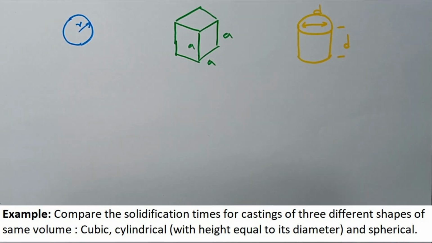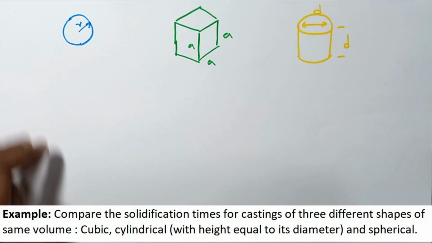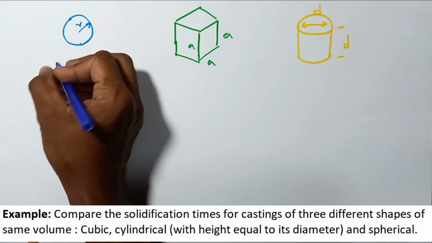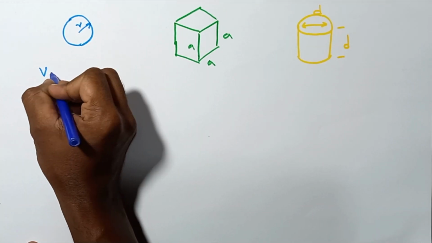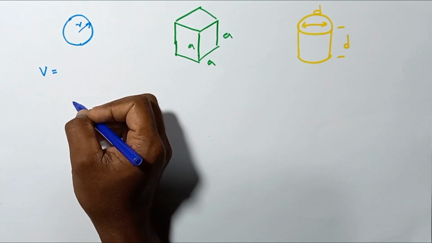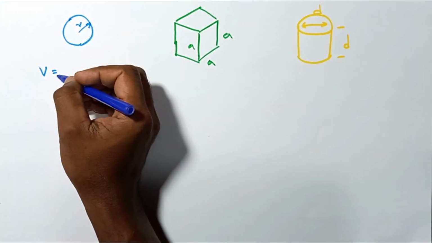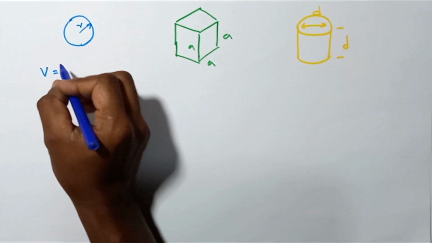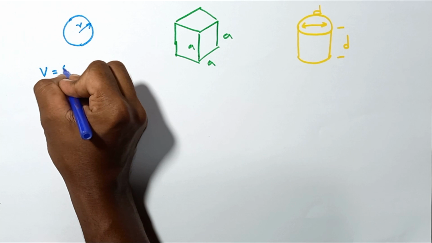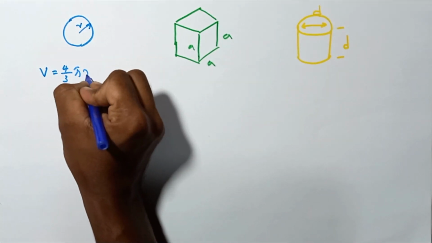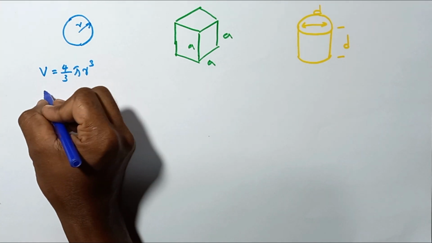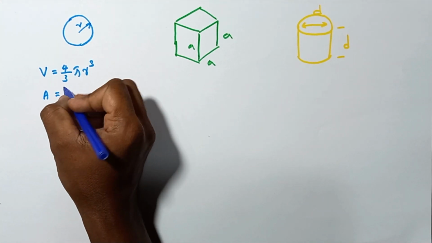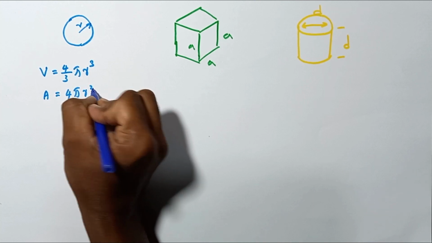Okay. So we are going to apply Chvorinov's rule for each casting to find the solidification time. First of all, before applying the rule, we need to find the volume and the surface area. The volume of the spherical shape is 4/3 πR cubed, where R is the radius of the sphere, and the area is 4πR squared.